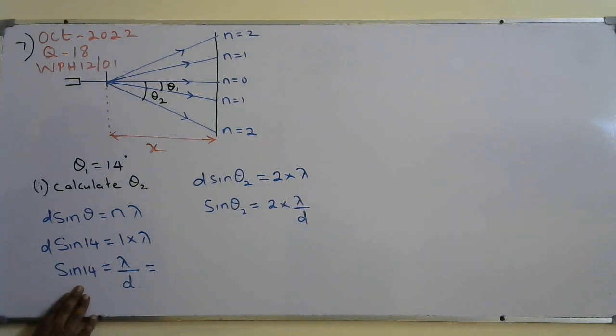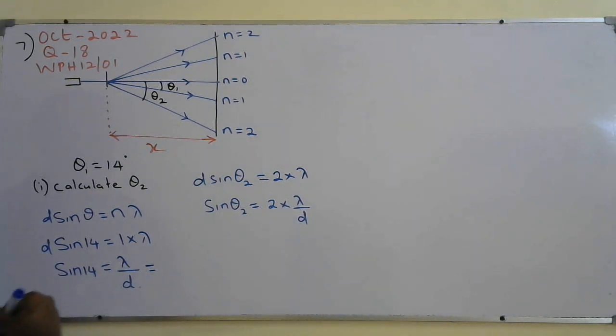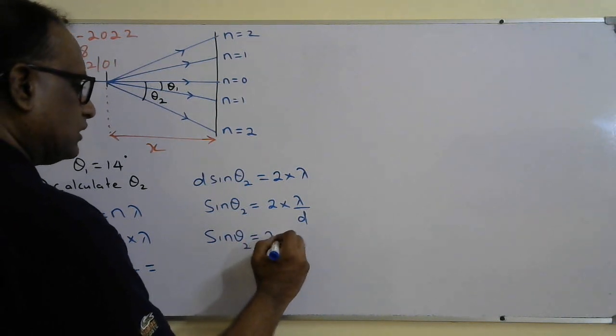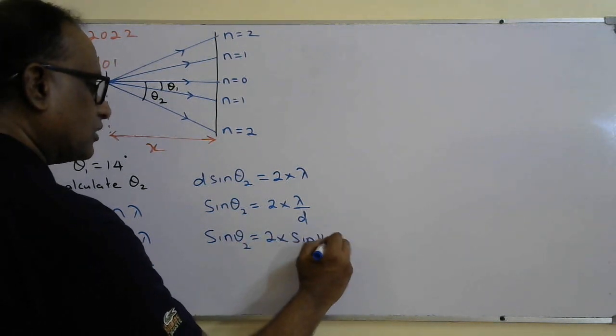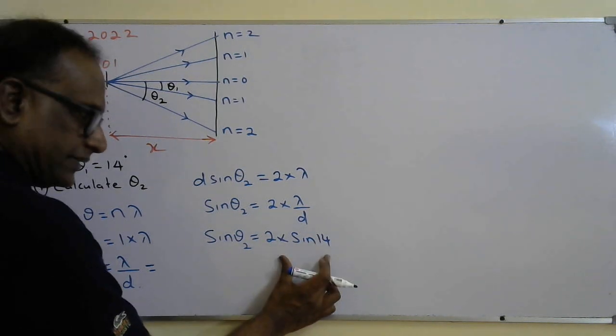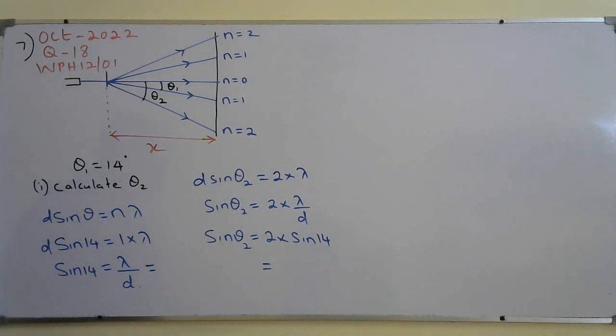Instead of lambda over d, you put sine 14. So sine theta 2 equals 2 times sine 14. Sine 14 is a number, 2 is a number, find the value of it, then take the inverse of sine, you will get theta 2.